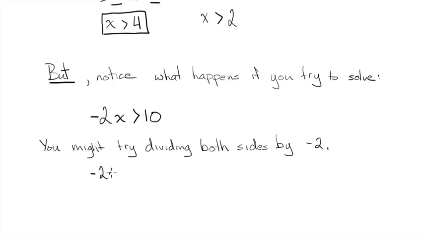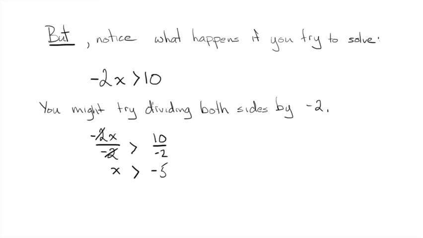If I divide both sides by negative 2, then on the right side I would get negative 5. The negative 2's would cancel, so I'd get x is bigger than negative 5. That would suggest that I could substitute any number bigger than negative 5 into this inequality, and it should be true. But let's try one of those numbers.